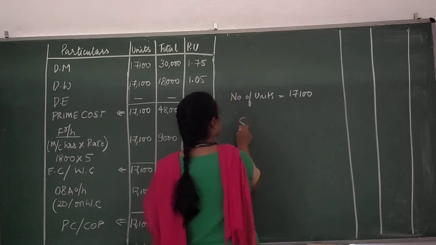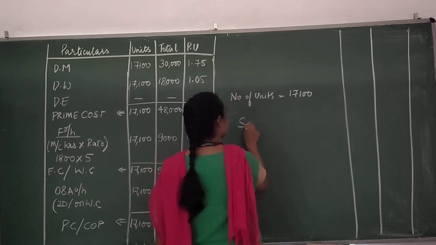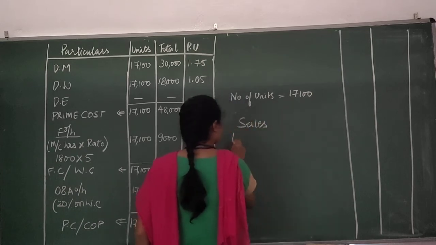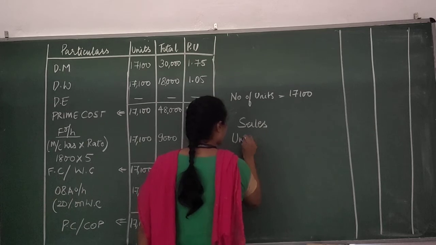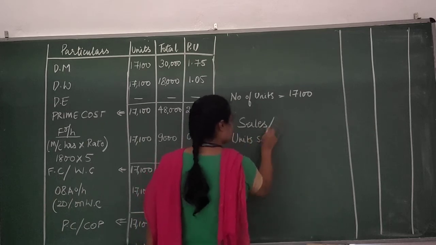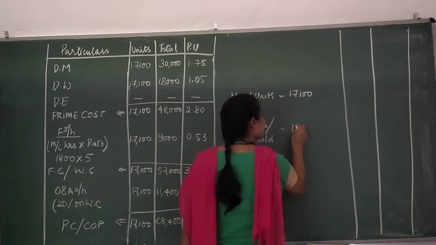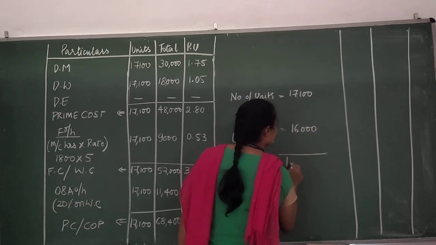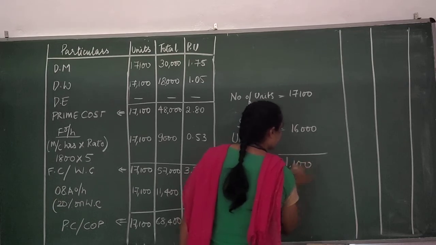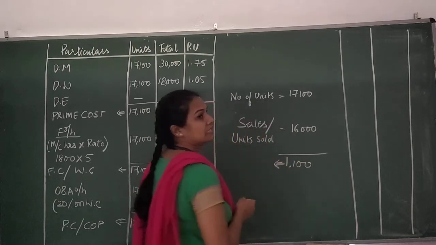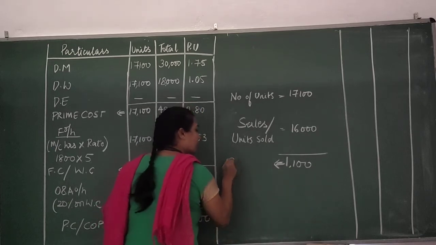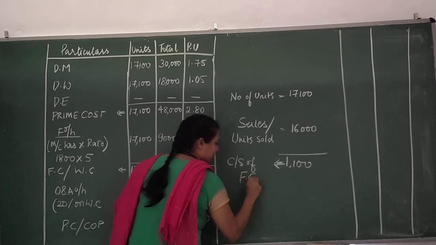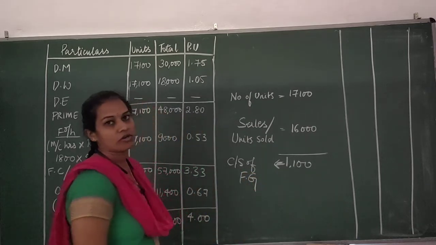But the units sold, the sales, is only 16,000. Now what is that 1,100? It is nothing but your closing stock of finished goods. Please remember, closing stock of finished goods.